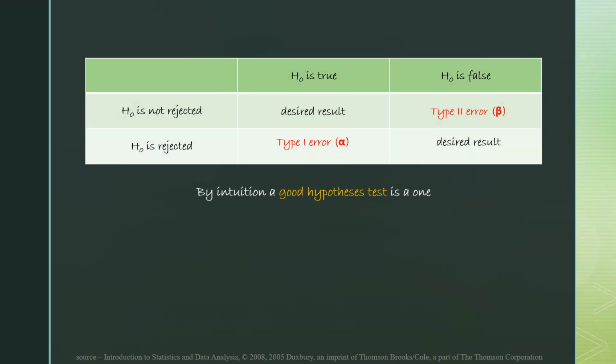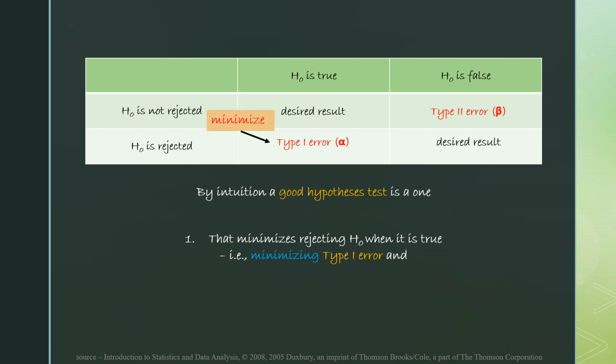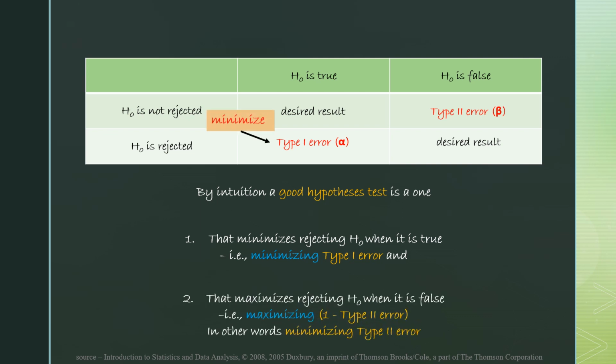By intuition, a good hypothesis test is one that minimizes rejecting H0 when it is true, that is minimizing type 1 error, and that maximizes rejecting H0 when it is false, that is maximizing 1 minus type 2 error. In other words, minimizing type 2 error.